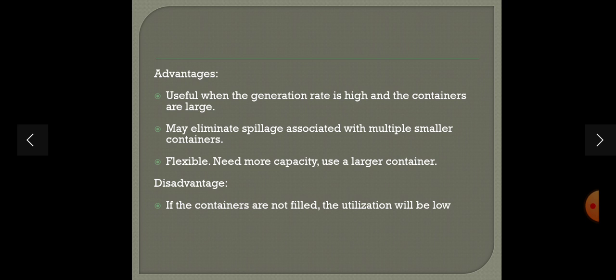And one more thing is that it eliminates the spilling that is associated with small containers. When we use small containers, there is a chance that the waste gets spilled from the container. That may be avoided in this case. So that is one advantage. And it is very flexible since we are using a large container.